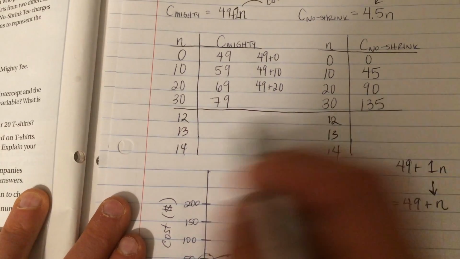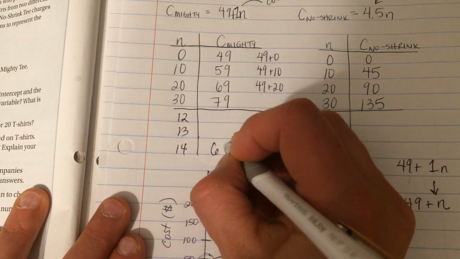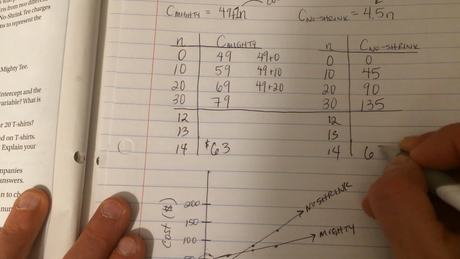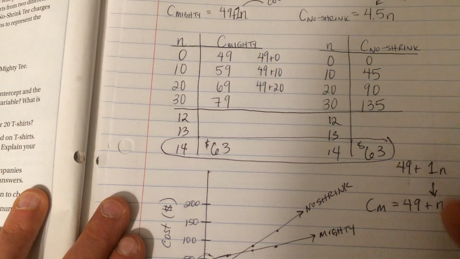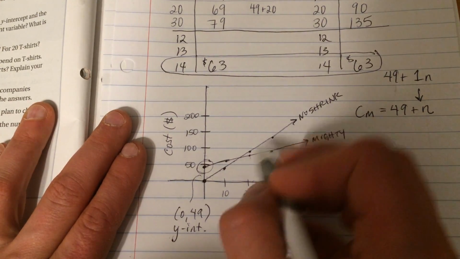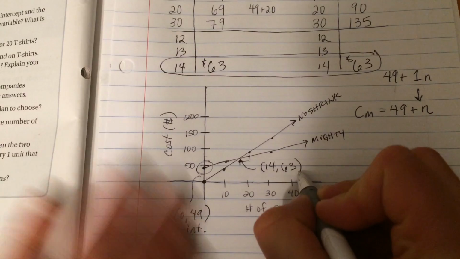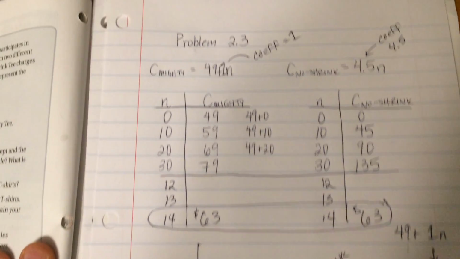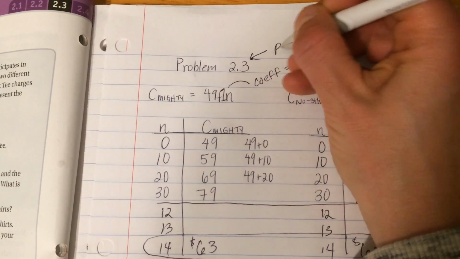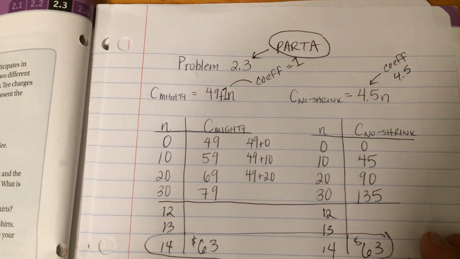And we were able to find that for 14 t-shirts, they each cost $63 using our equation. So that part in the table told us when they cost the same. There were some students that drew a very careful graph and were able to see that this point was at 14, 63. So for this problem, I want you to just focus on part A. That's all we really got to in class. And if you really understand part A, you'll be good for problem 2.3.